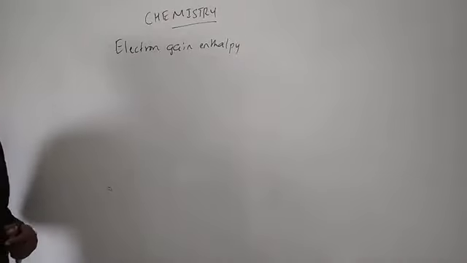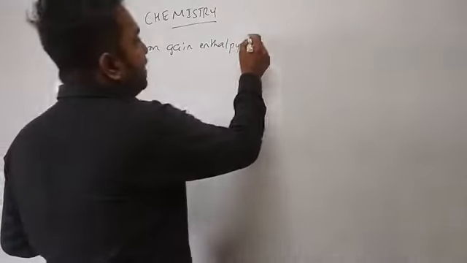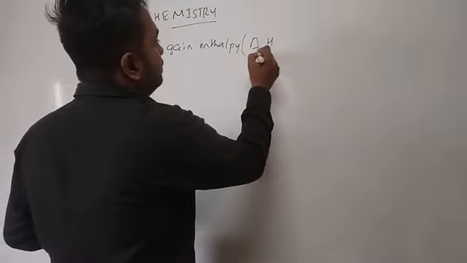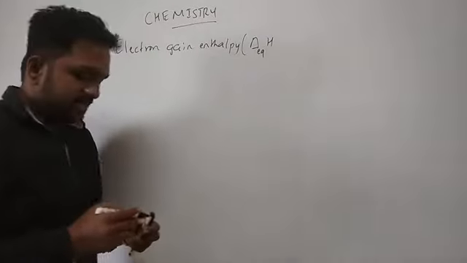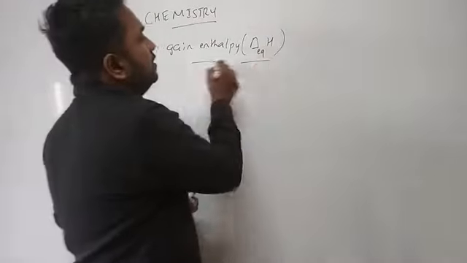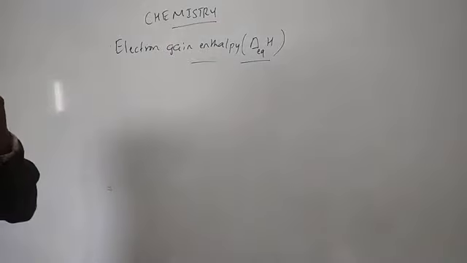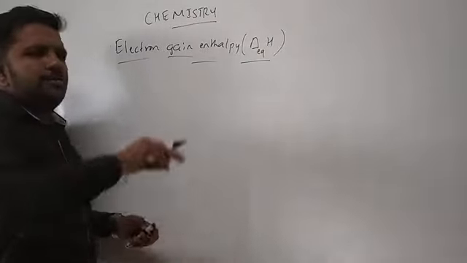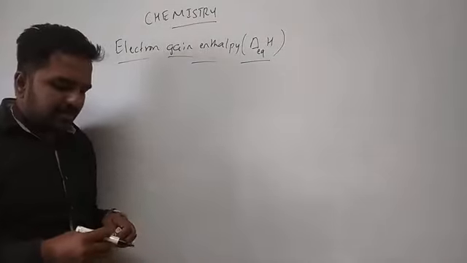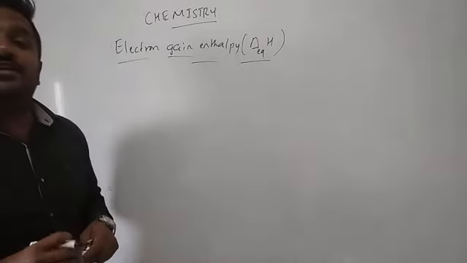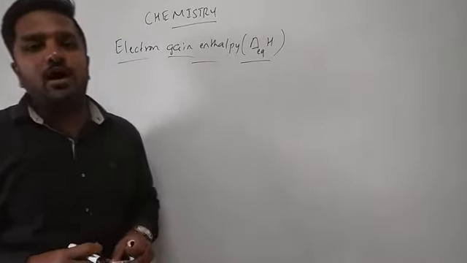This electron gain enthalpy is indicated by delta E g H. As the name suggests, what do we mean by ionization enthalpy? Let me repeat it. Ionization enthalpy is the energy required to remove the outermost electron.